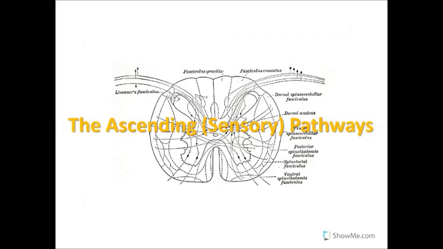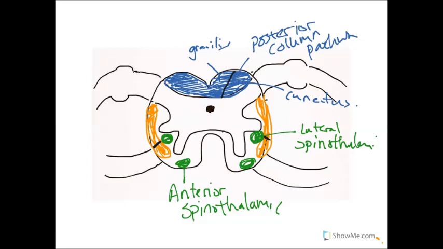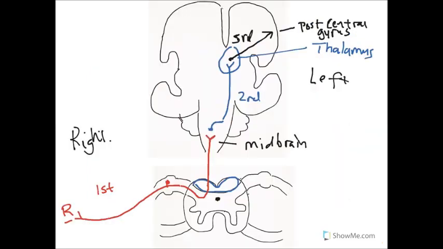I hope you take time to do this with me, to draw out the outlines of the body, of the simple drawings that we did, and then draw and color in with me to get a better understanding of the neuroanatomy, and then to take these neurons and draw them in different colors and label them as first order, second order, third order, knowing where they cross over, what they carry, and where they end. These are important things in neurological testing. So this concludes my video on the ascending or sensory pathways of the body.